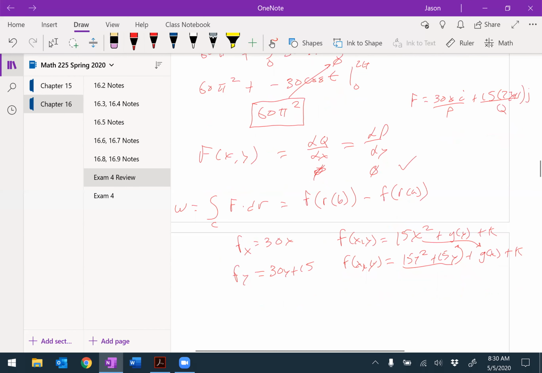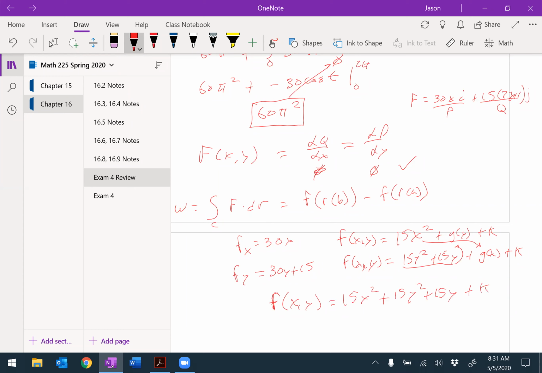And so we know that the entire parent function, little f, was equal to 15x squared plus 15y squared plus 15y plus k.